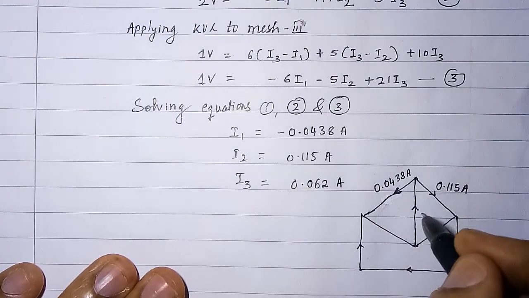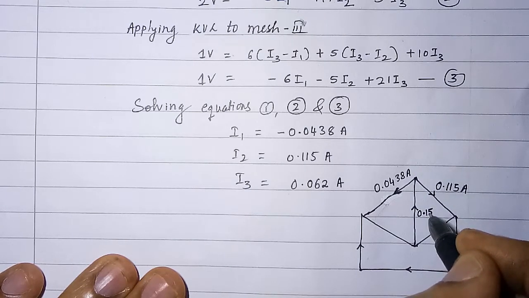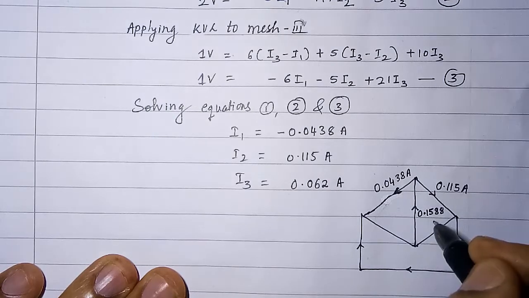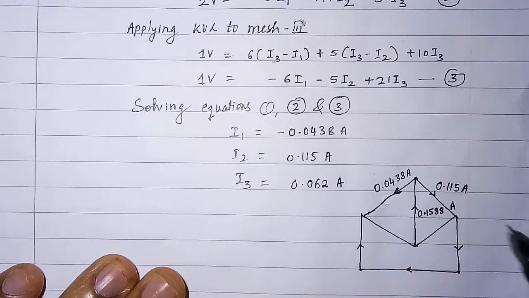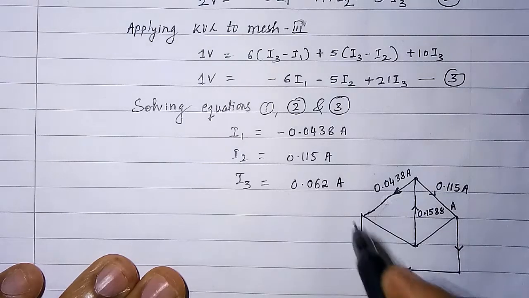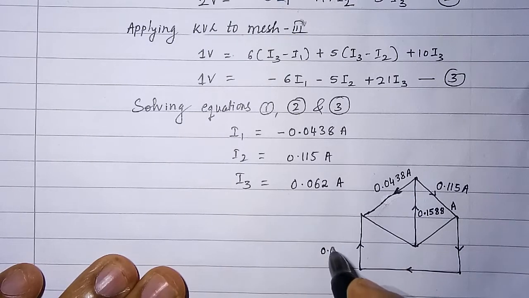So adding we get 0.158 ampere. Current through 10 ohm resistor and 1 volt battery is I3. I3 is 0.062 ampere.